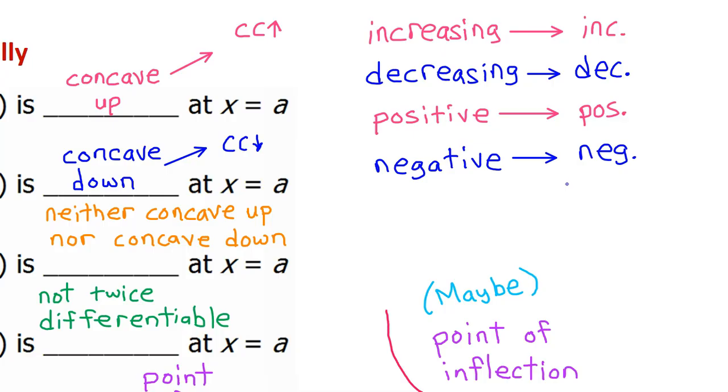Now, most AP graders are going to give you full credit for these abbreviations. However, there are hundreds of AP graders, and there are a few who won't give you credit for these. So if you want to be 100% safe, do not abbreviate at all on the AP exam. However, if you're pressed for time, it might be worth the risk.